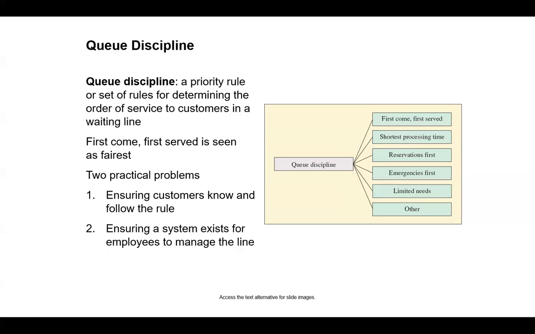Or for some restaurants, if you reserve in advance, then you can skip the lines. Or for some services, emergency first, as well as some limited needs or others. So these are the priority rules we may have to manage the lines.